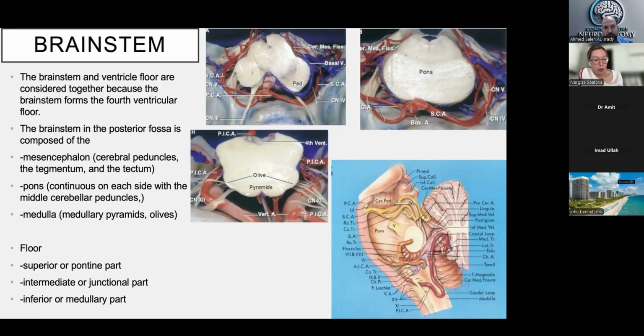The floor has the superior or pontine part, intermediate or junctional part, and inferior or medullary part. So here you can emphasize the pictures of Rhoton's atlas.